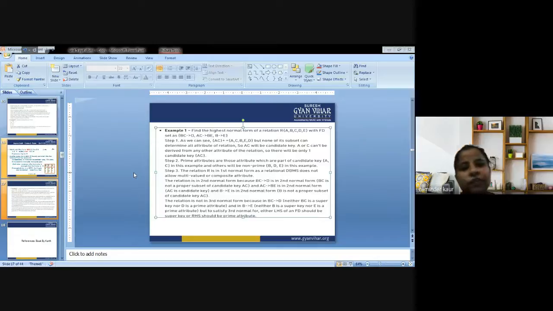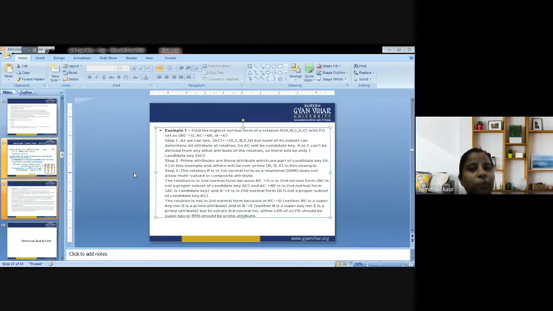Step one: AC plus, which is concerned with A, C, B, E, and D. But none of its subsets can determine all the attributes of the relation. So AC will be a candidate key. A or C can't be derived from any other attribute of the relation.